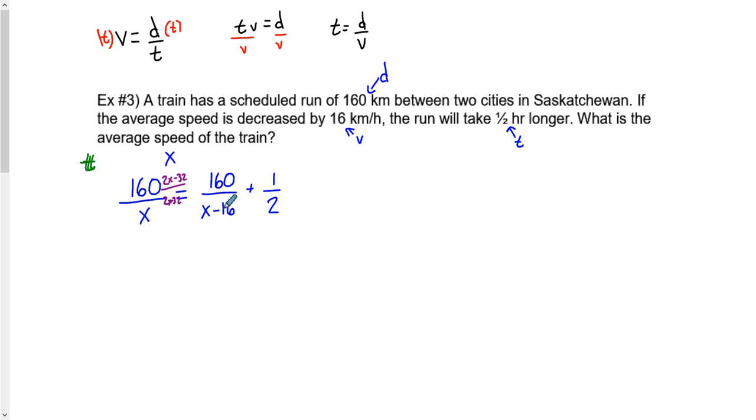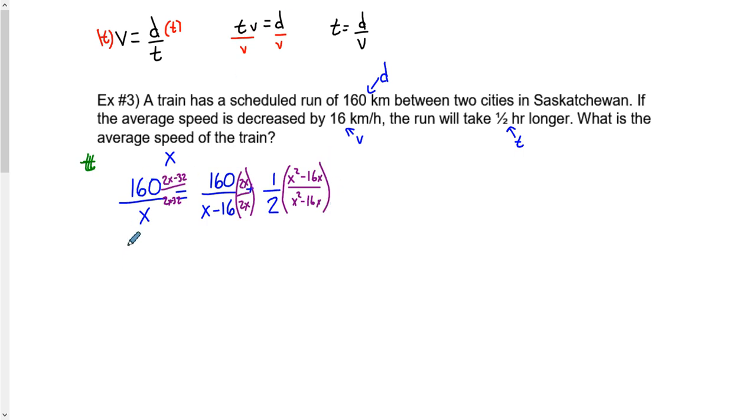This one is going to be multiplied by a 2 and an x. And this one would have to be multiplied by the x and the x subtract 16, which means x squared subtracting 16x. Just makes your lives easier.